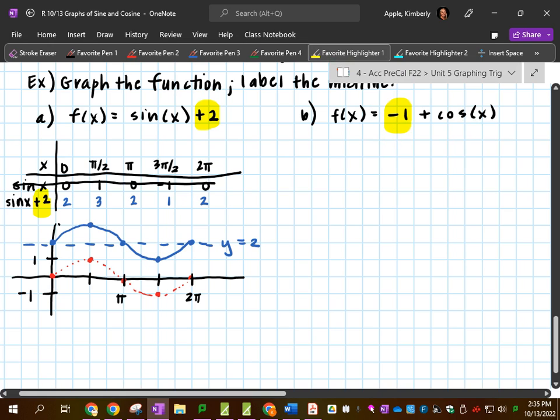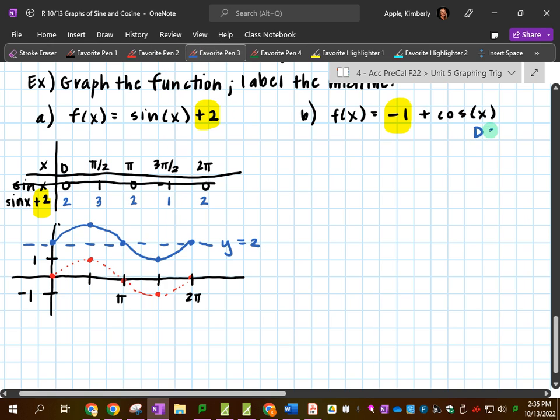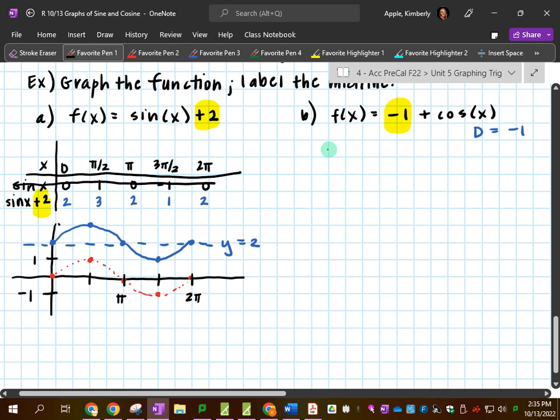It is the constant number added to the function. Because you could rewrite this as cosine x minus 1. So we can understand that d in this case is -1. So can you tell me the new equation of the midline? Y equals -1. If that's all I asked you, you wouldn't even need to graph it. But we will.